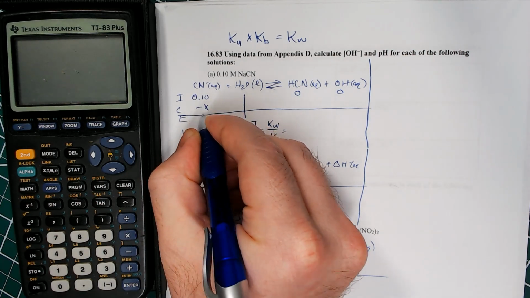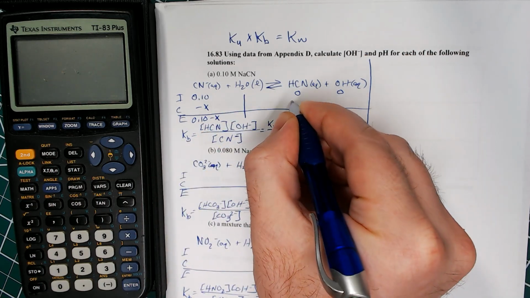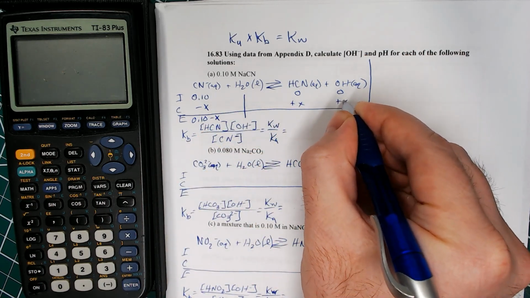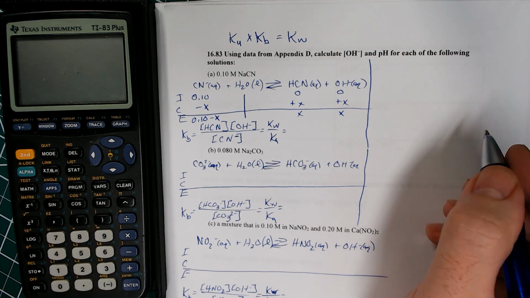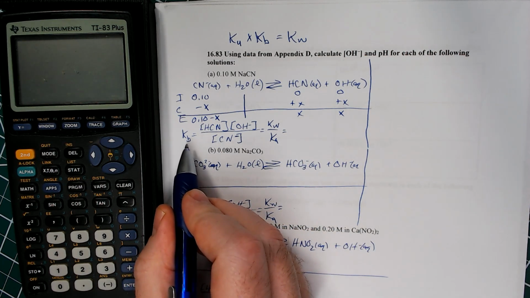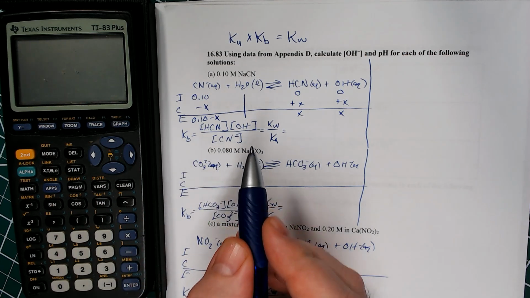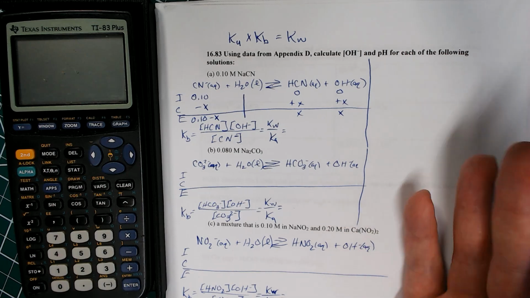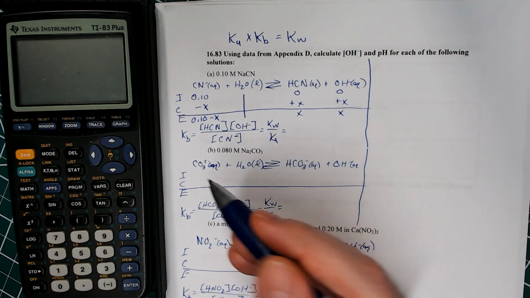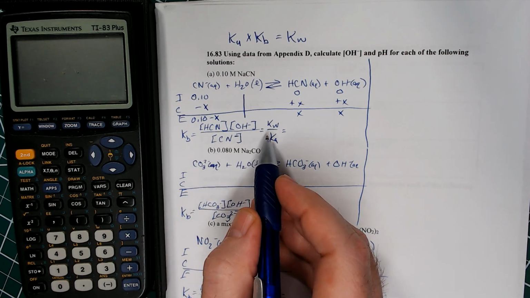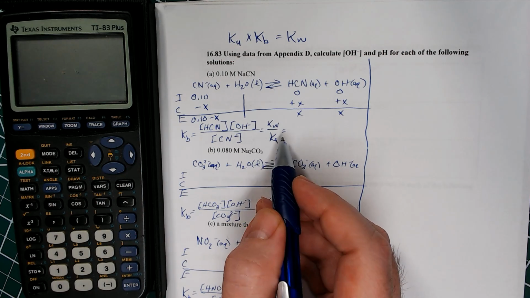The cyanide would decrease by x, so 0.10 minus x, and these would both increase by x, giving us x and x. Now, since this is the Kb of the conjugate base of a weak acid, we're going to need to use what we learned in the last section, which is that to get the Kb, we have to calculate it from the Ka on Appendix D.